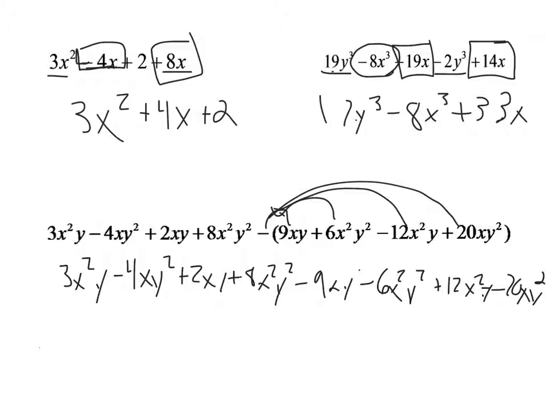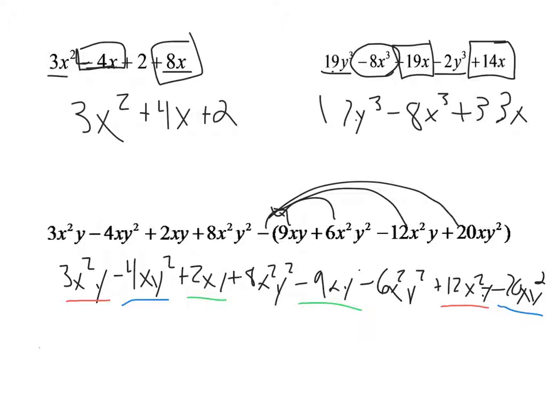So all I did was distribute that negative sign to each, and now I'm going to combine like terms. Again, the exponents have to be exactly the same. For 3x squared y, the only other similar one is 12x squared y. My negative 4xy squared is similar to negative 20xy squared. My 2xy and negative 9xy are similar.